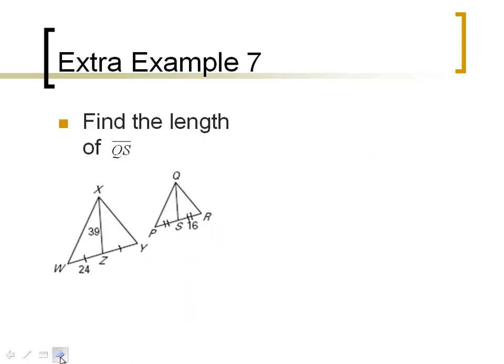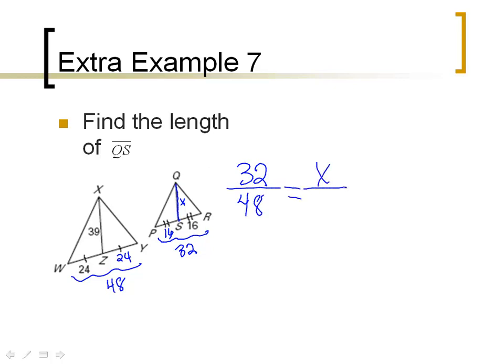Next one, last one. Find the length of segment QS. So I'm trying to find the length of this segment right here. That's my unknown, so I'm going to put x in here. Well, I know that this is 24 as well, so this total side is 48. These both have two markings, so this whole bottom is 32. 16 plus 16 is 32. So let's say the base, or the bottom side of my smaller triangle over the bottom side of my larger equals my unknown over 39.